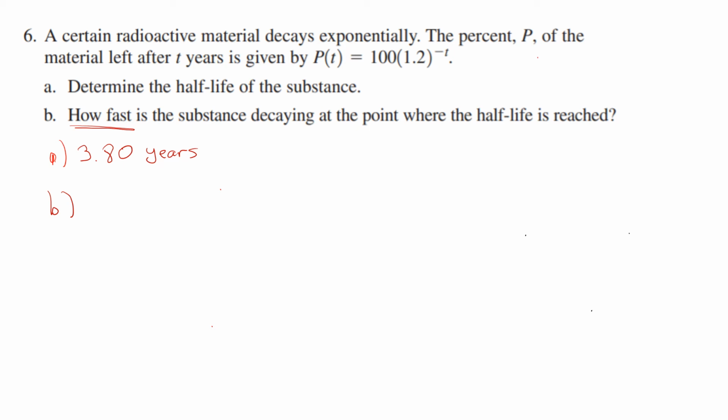So I'm going to find the equation where I can plug in my half-life point, because it's asking specifically for the half-life point, where I can plug back into my derivative. First I'm going to take the derivative of P(t), and because I have a constant over here, I leave it as it is and then take the derivative of this portion right over here.